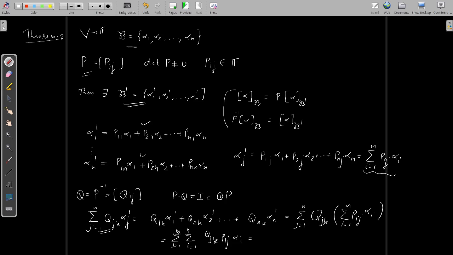Okay, now you can rewrite this summation, or interchange this summation: sigma i equal to 1 to n, sigma j equal to 1 to n, p i j q j k alpha i. You can take this alpha i out because the first summation depends only on j, so you can take this i out.